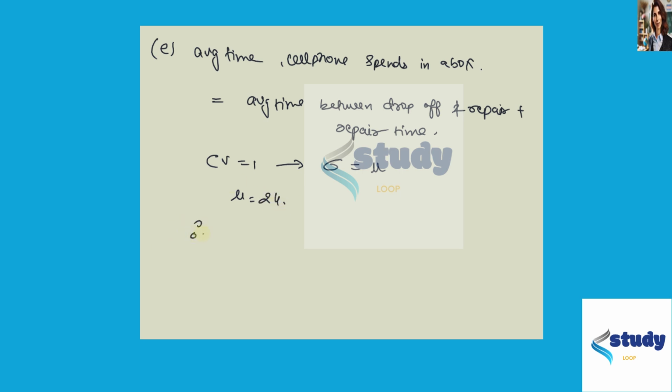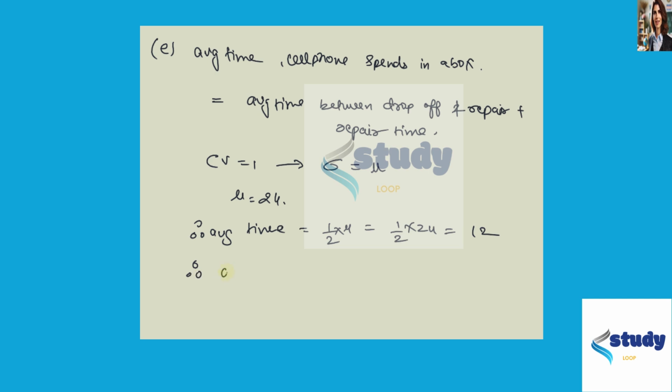So the average time can be calculated as 1 by 2 times mu, which is equal to 1 by 2 times 24, which is equal to 12 hours.